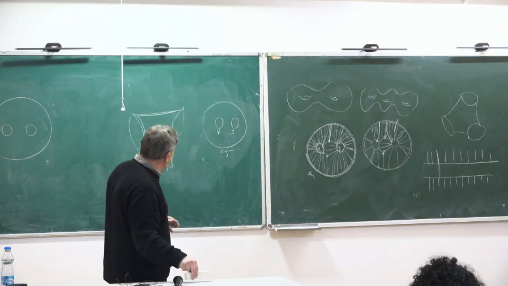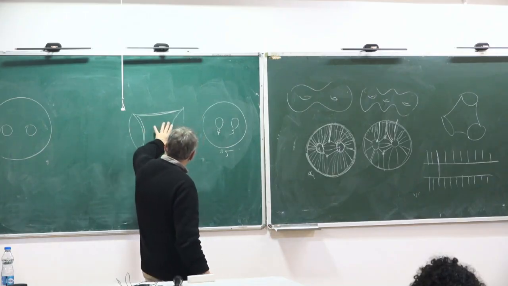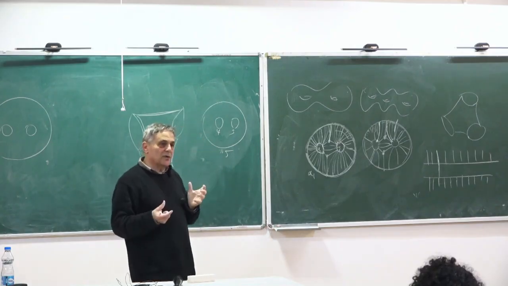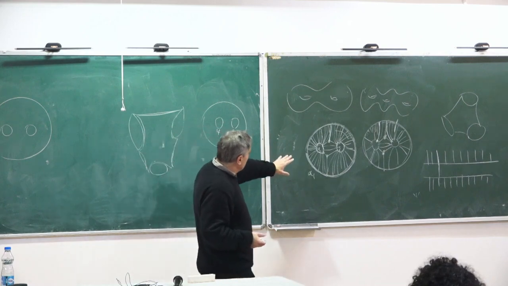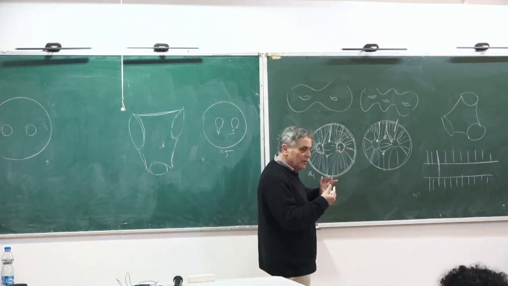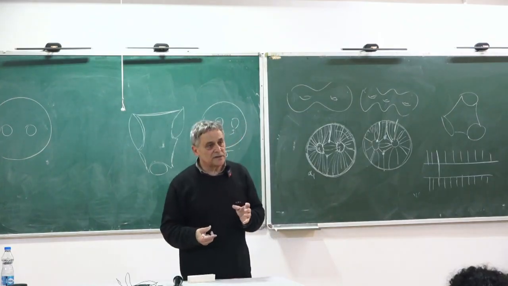So the idea I want to convey is that you have hyperbolic structures on pairs of pants. You glue them, you obtain hyperbolic structures on the surfaces. You have measured foliations on pairs of pants. You glue them, you obtain measured foliations on surfaces.